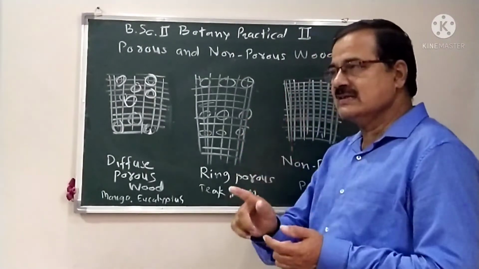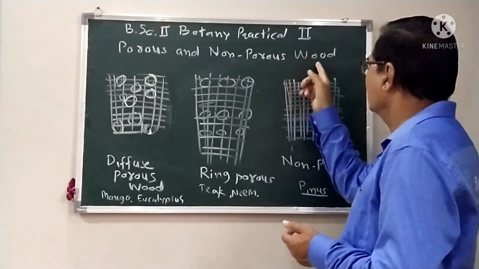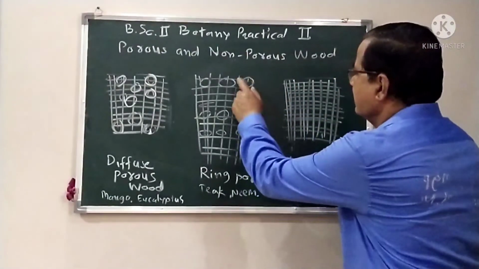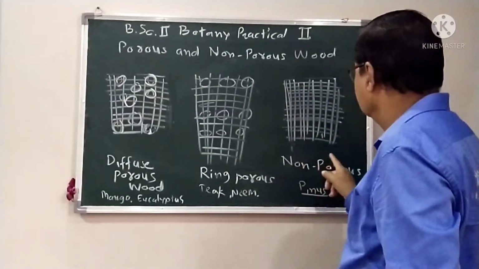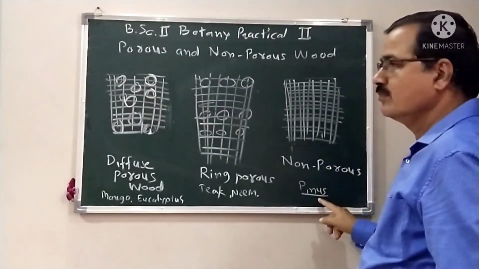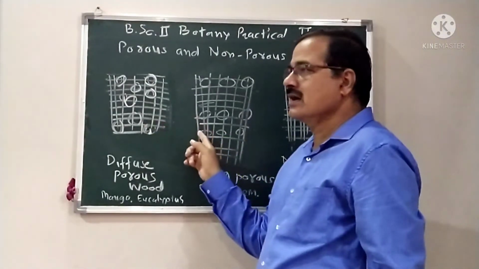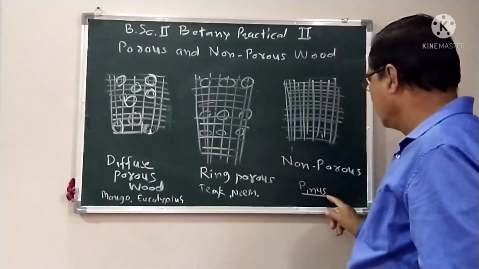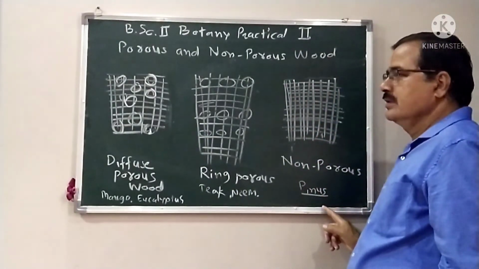Means xylem vessels are absent in the plant tissue, it is known as non-porous wood, because such spherical bodies are not developed. Where xylem vessels are present, the wood is hard. Where xylem vessels are absent, the wood is soft.